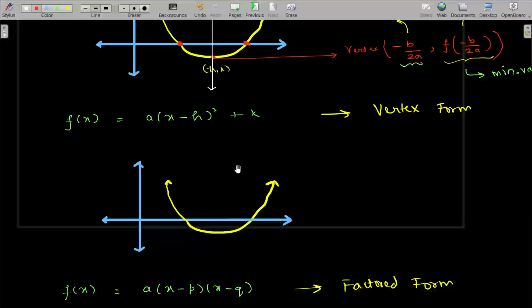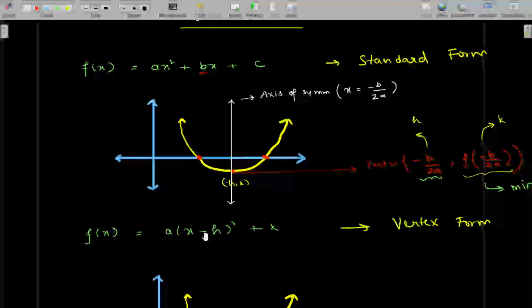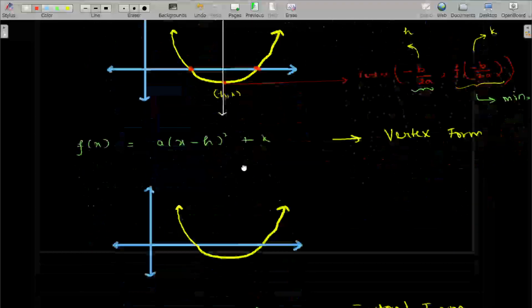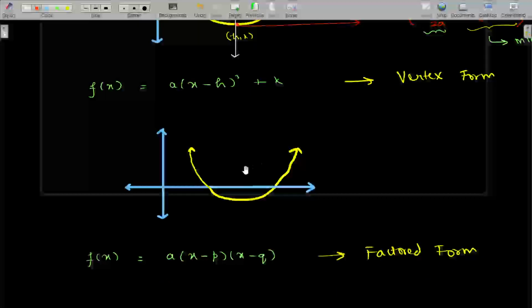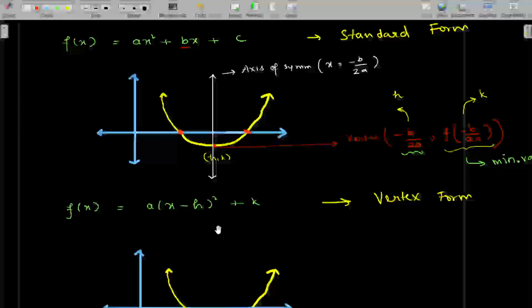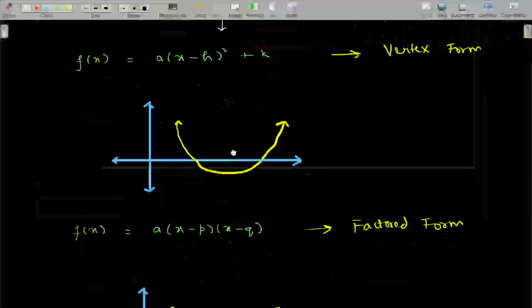The roots are the x-intercepts. And how will you find out the y-intercept? You put x as 0. Good, good.